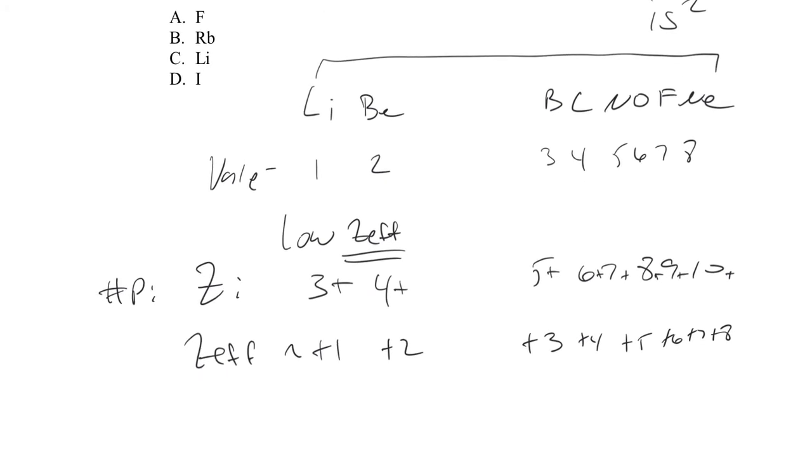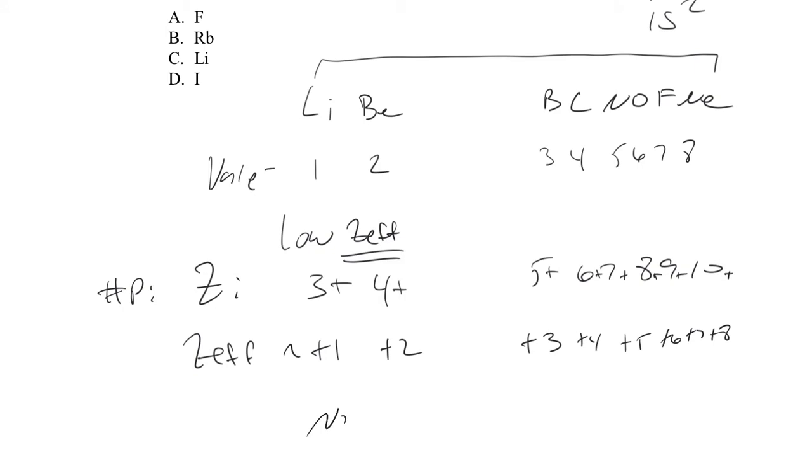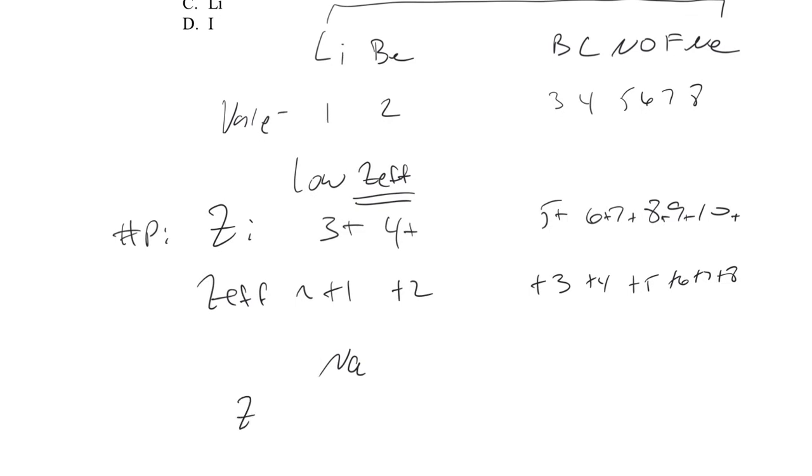And then if you think about the next element after neon, sodium has a Z of 11, but it has a much bigger core, that neon core, with 3s1. So it goes back to having a Z effective of about 1, matching that of lithium.